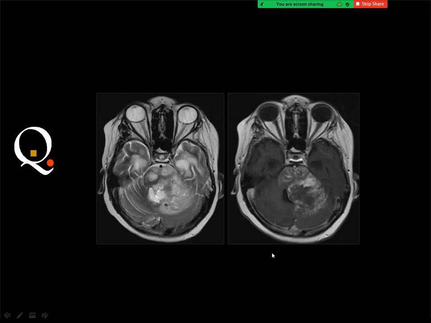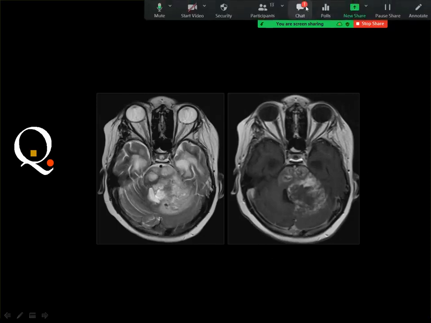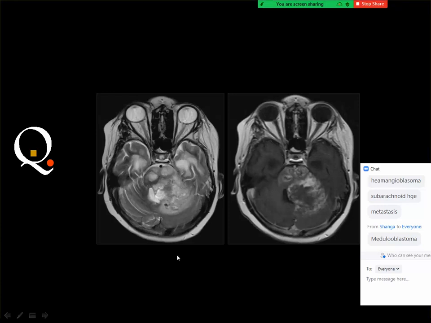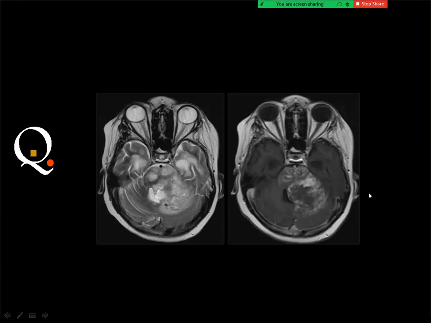Then you start first by the primary lesion, which is located in this area. If you look carefully, then you see that the lesion is mainly affecting the pons as well as the middle cerebellar peduncle and extends into the cerebellar hemisphere on the left side.